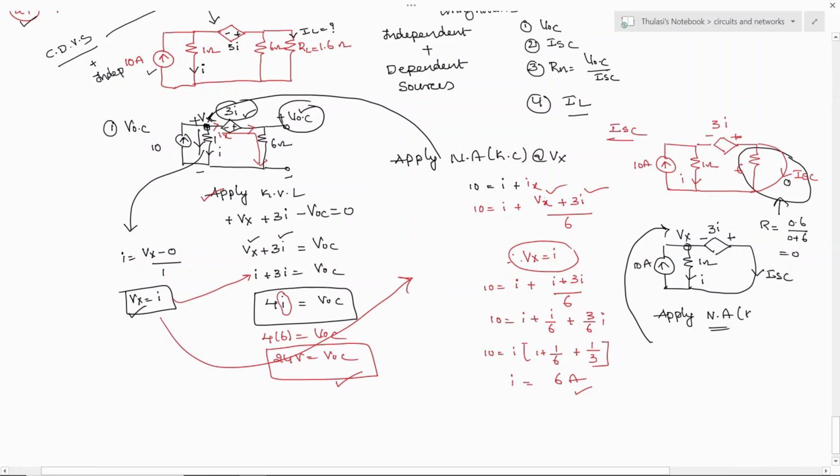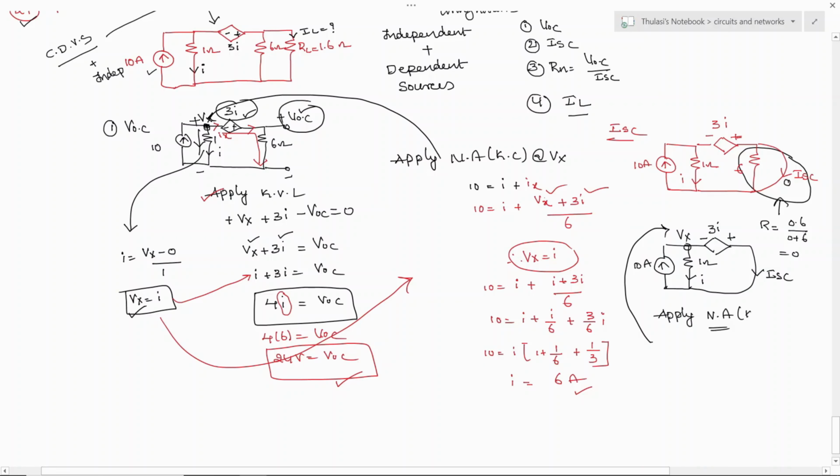Therefore Vx is equal to minus 3I, and already we have observed that I is equal to Vx minus 0 by 1. Therefore I is equal to Vx.